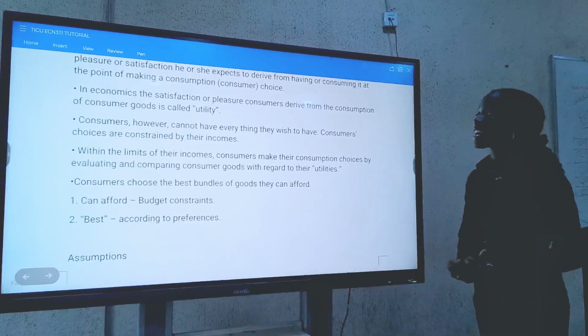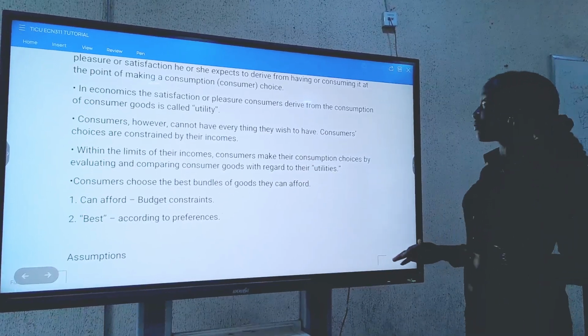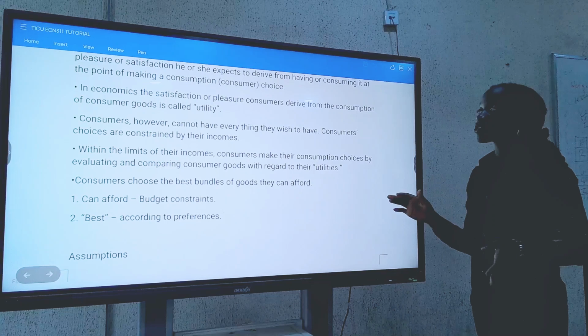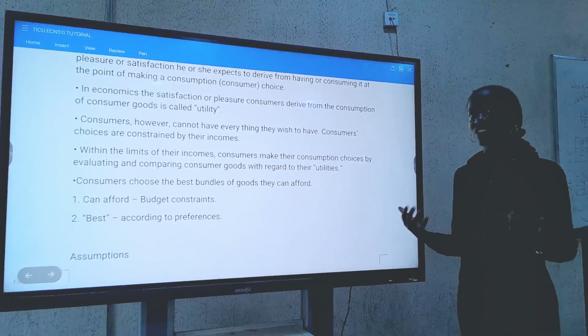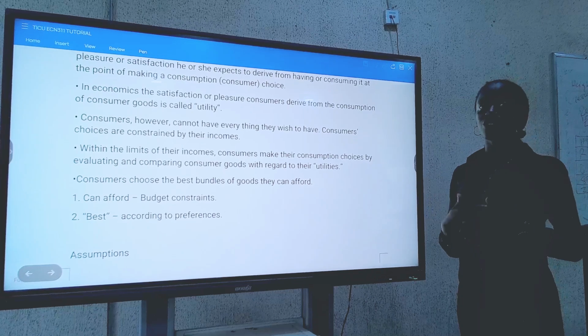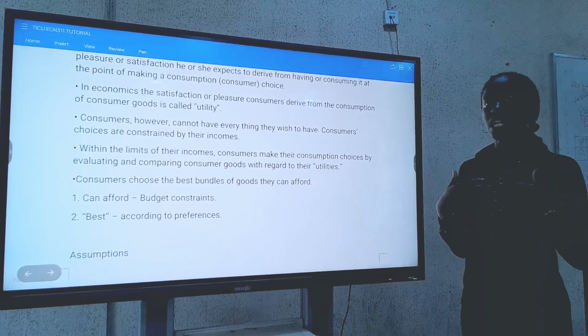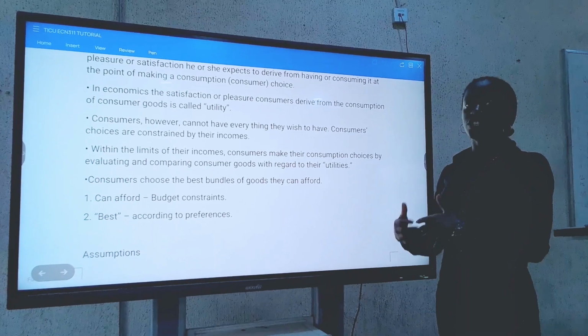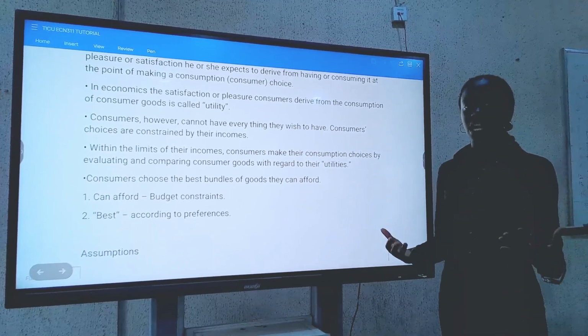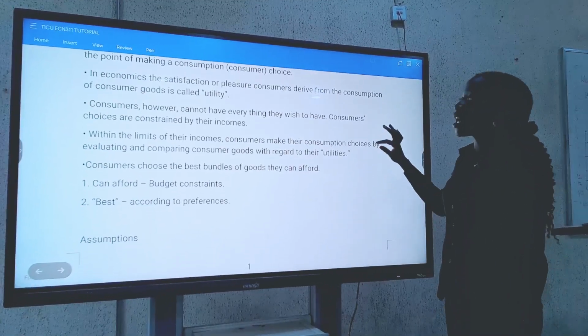However, consumers cannot have everything they wish to have. Consumers' choices are constrained by their incomes. Because I want water, I want ice cream, I want drinks, does not mean I can get it because I have an income constraint. I don't have all the money in the world to get everything I want. Therefore, I have a constraint.